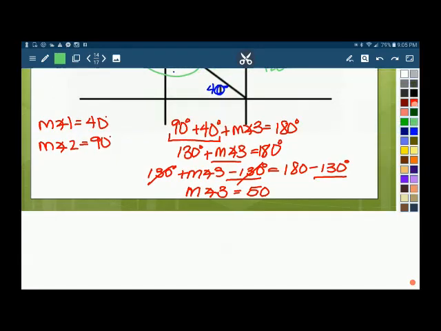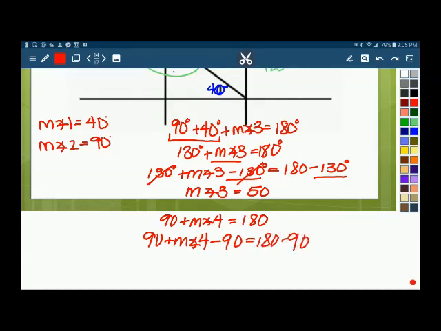So I'm just going to show the algebra that goes along with that. 90 plus the measure of angle 4 is equal to 180. Again, doing the same process: 90 plus the measure of angle 4 minus 90 is equal to 180 minus 90. So this positive 90 would go away with the negative 90, and I'm left with the measure of angle 4 is equal to 90 degrees.